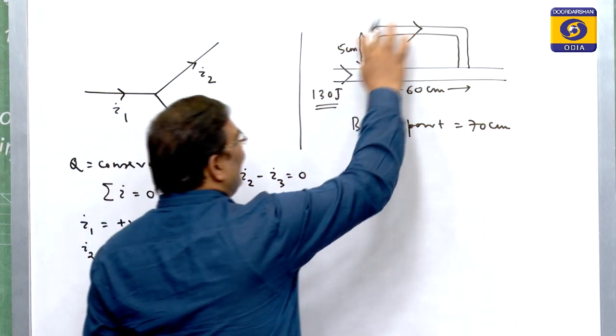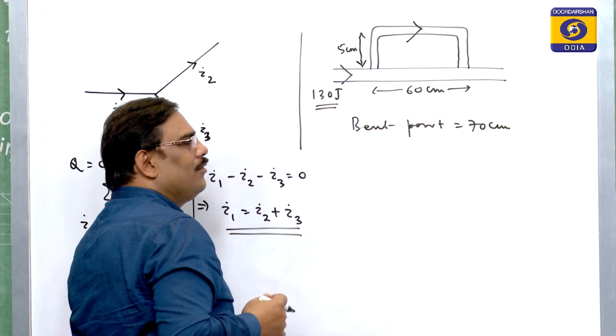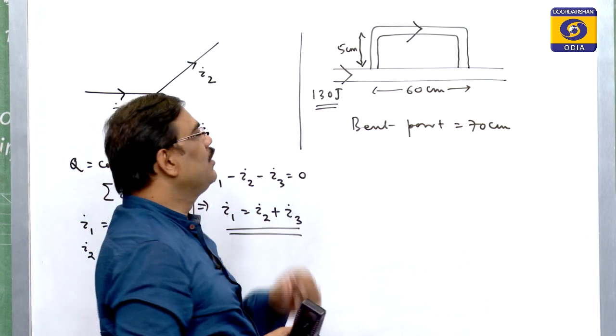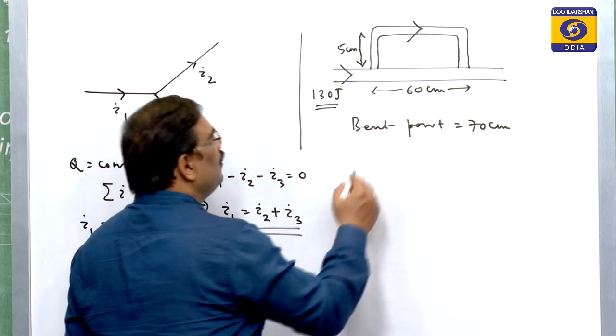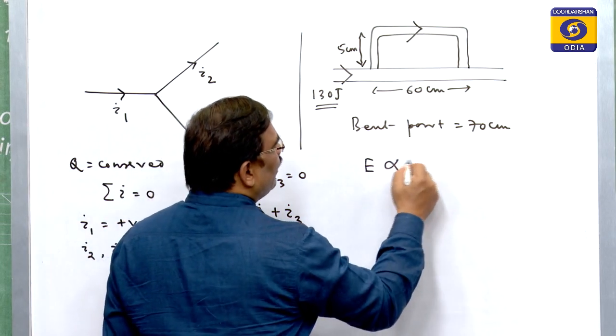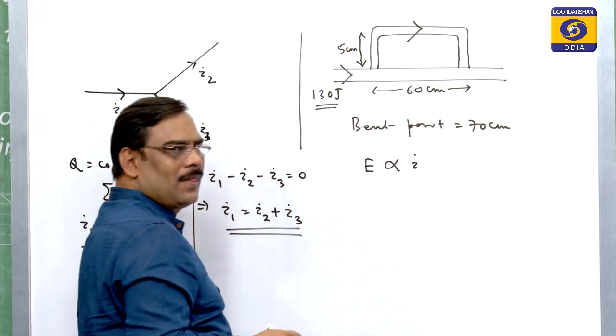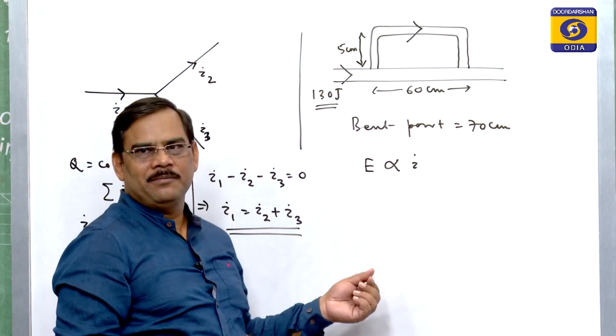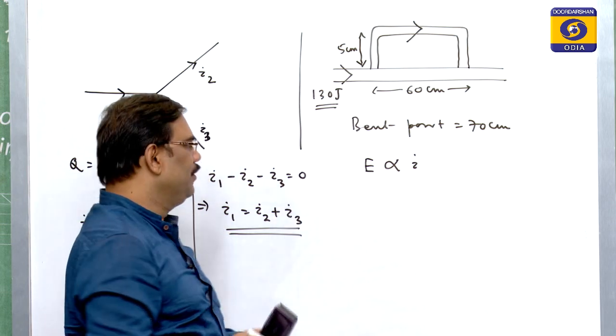So, in this context, what we can calculate is your energy flow is directly proportional to current. It may be electric current, it may be thermal current, it may be fluid current.